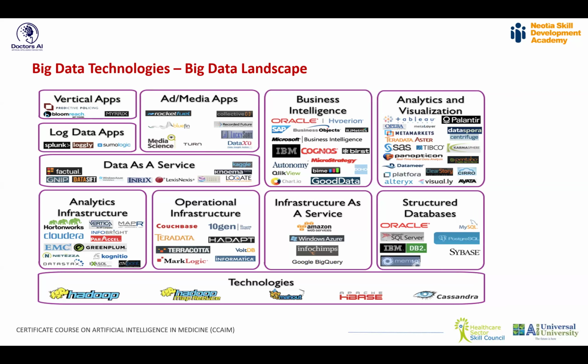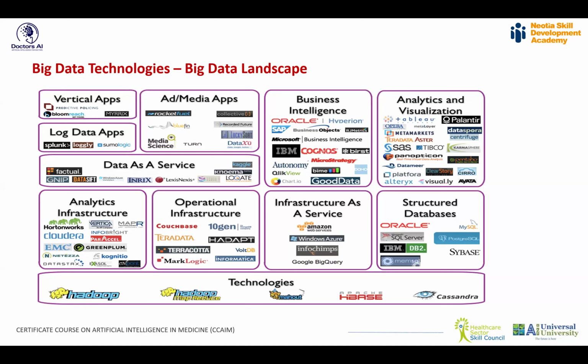So there are a lot of other things: analytical infrastructure that we need to provide, operational infrastructure, infrastructure as a service, structured databases. There are multiple structured databases, but all these are managed by big data technologies. If you see the bottom, it is called Hadoop. Then you have MapReduce, HBase, Cassandra.